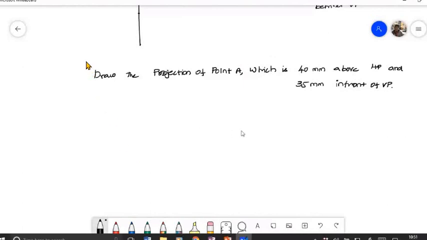So let's see how to solve this problem. First, let me draw the quadrant.